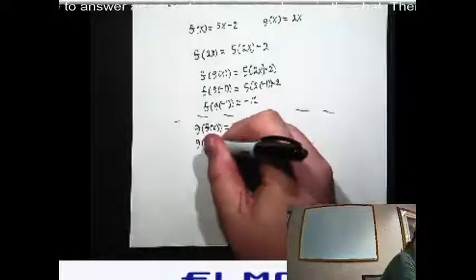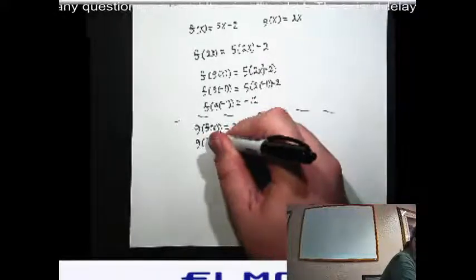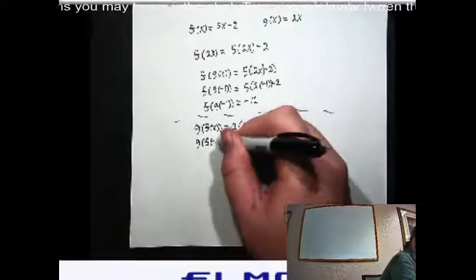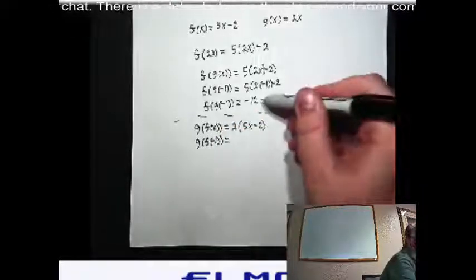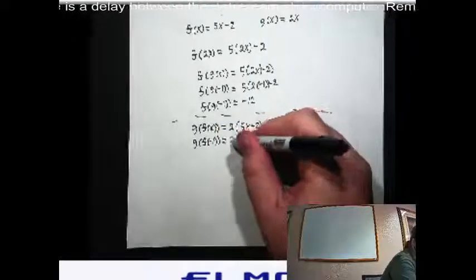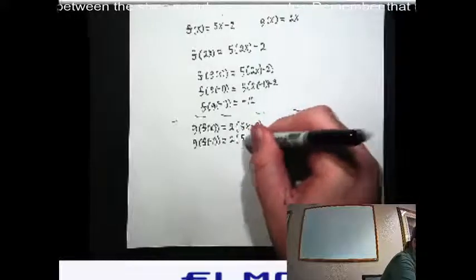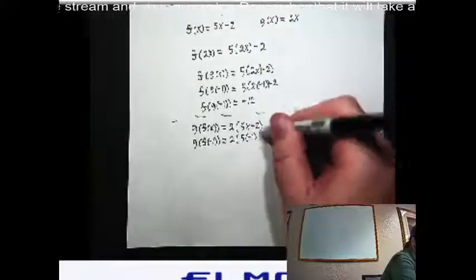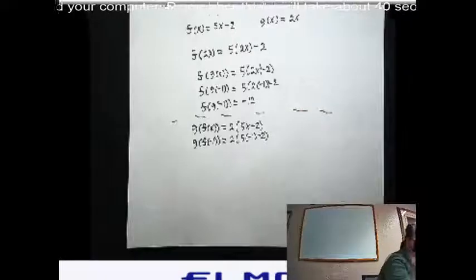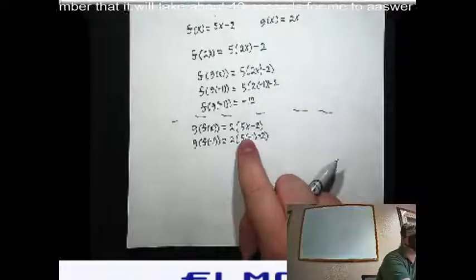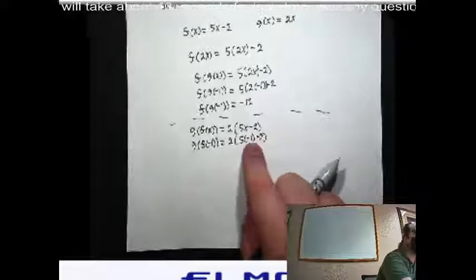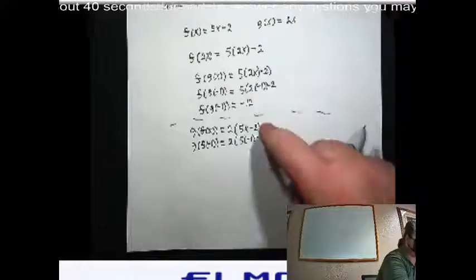All right, so let's plug in the same thing, negative 1. So we have g composed of f of negative 1. And we want to see if this comes out to be the same thing that we got up here, negative 12. So 2 times 5 times negative 1 minus 2. Okay, again, order of operations. We're going to go into our parentheses first, and we can multiply. 5 times negative 1 is negative 5.